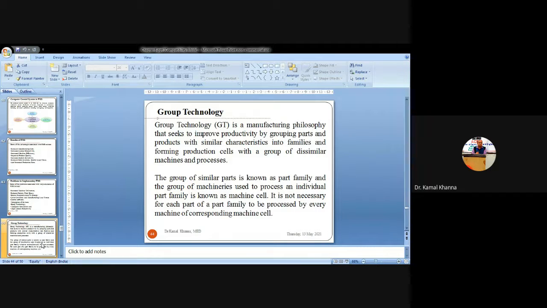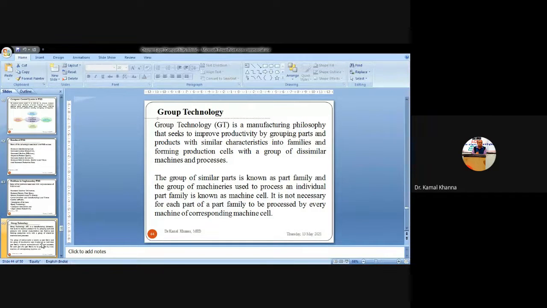In this way, that grouping of machines is called the machine cell. I again repeat, the grouping of parts as per similar kinds of manufacturing operations to be performed on the specimens, the first, second, third, and fourth and fifth. The first, second, third group will become the first part family, and the fourth and fifth will become the second part family.